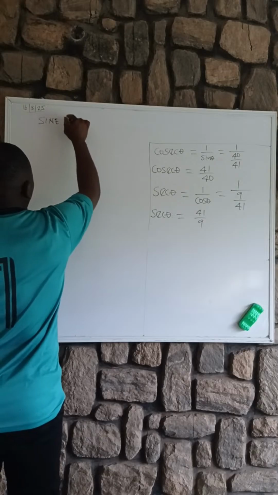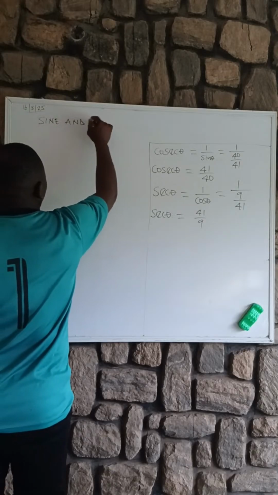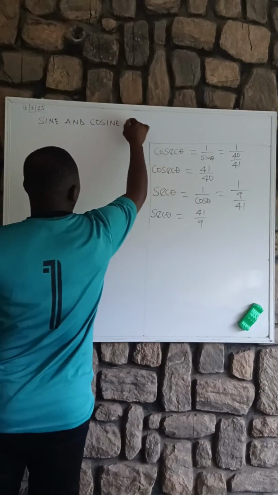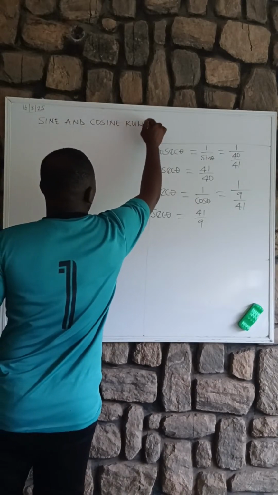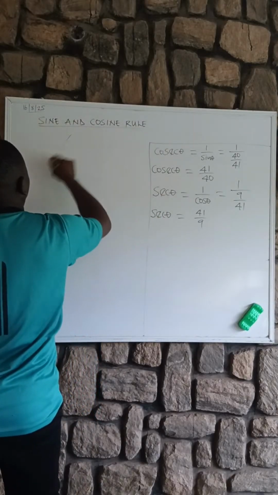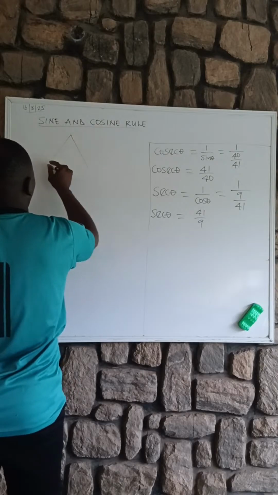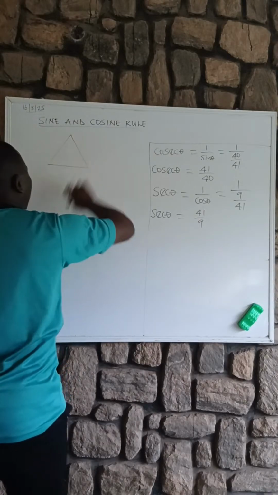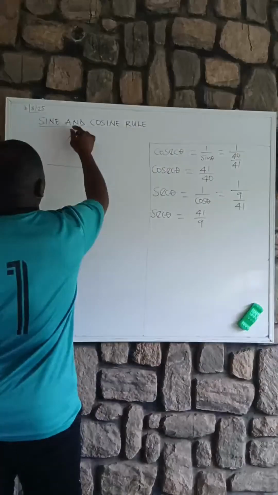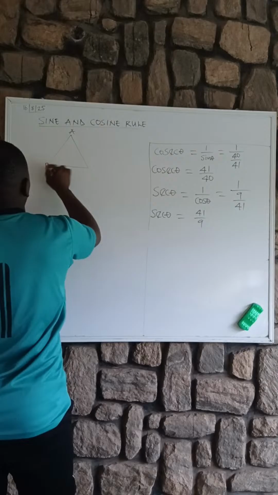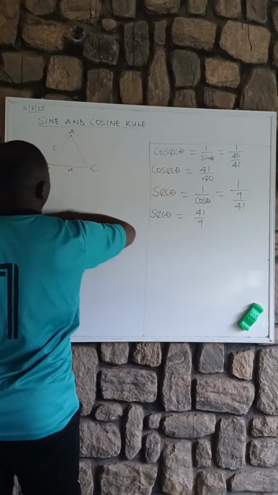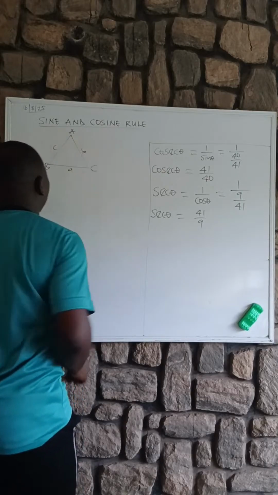Sine and cosine rule. Let us have this, right? So name here A, B, C. This is small letter a, small letter c, small letter b.